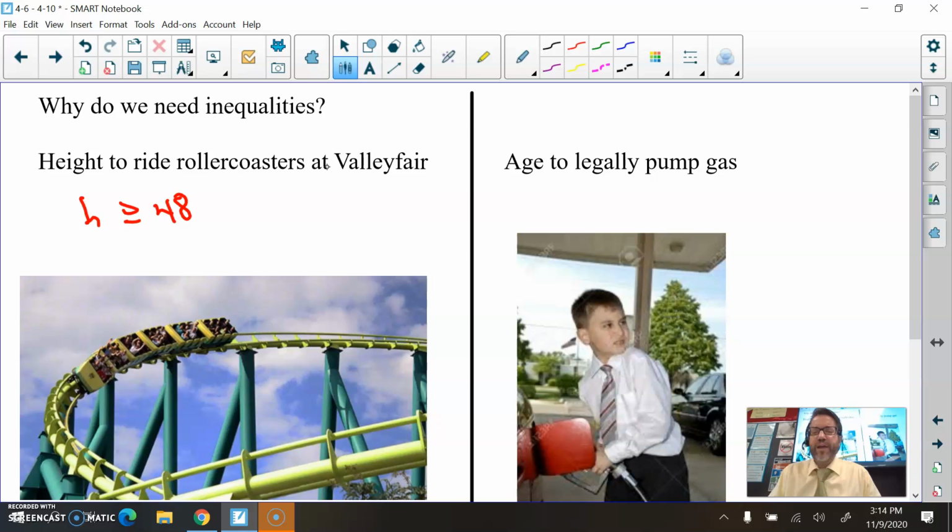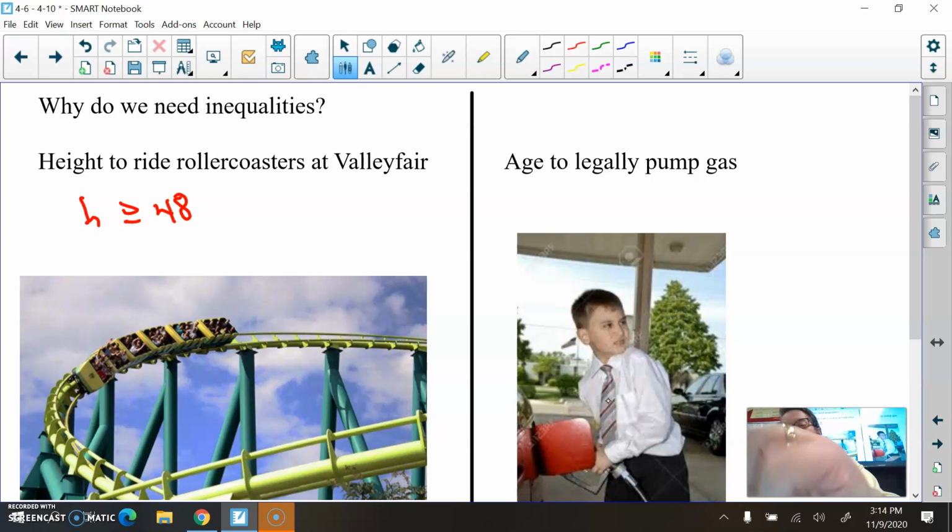Another example would be your age to legally pump gas at a gas station. As you can see, this young man right here, he's pumping gas. He is not pumping it legally, though, because you must be at least 16 years old in order to pump gas legally in the state of Minnesota, for example.